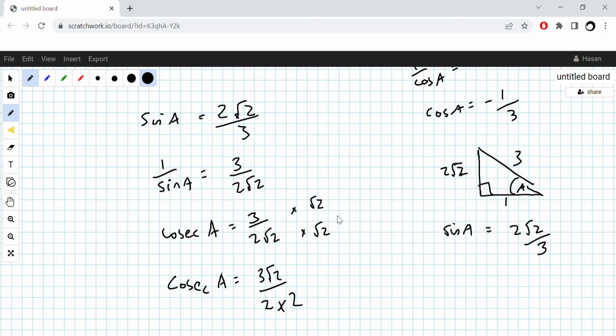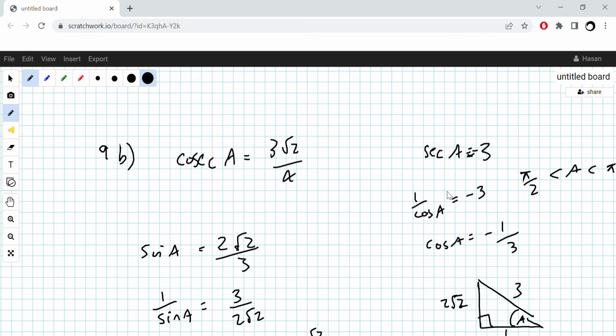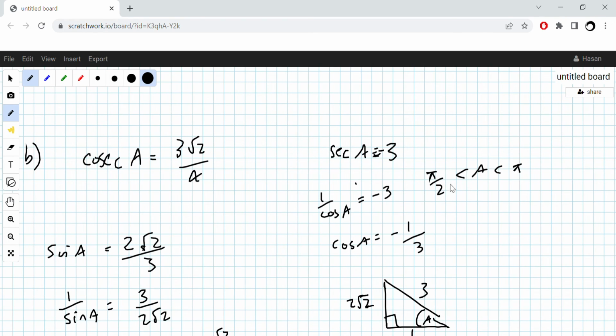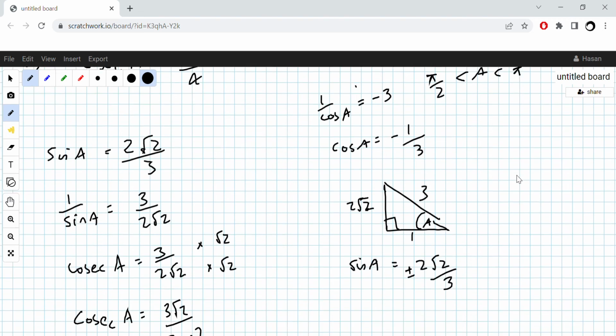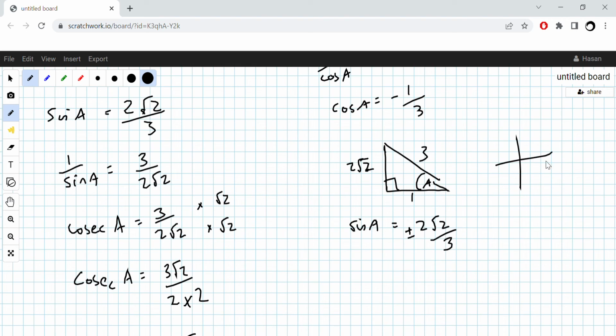When we were doing this, sine A equals 2 root 2 over 3 should be plus minus, and we needed to figure out which one it is. As it's in this region of pi over 2 to pi, that's this quadrant, and sine is positive in this region, so we're going to have plus 2 root 2 over 3.